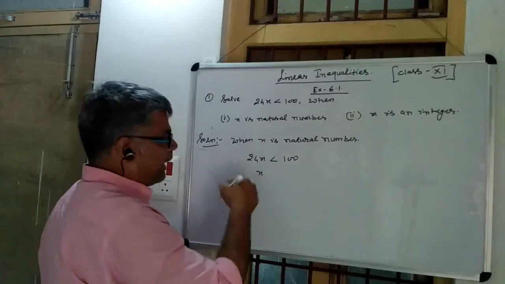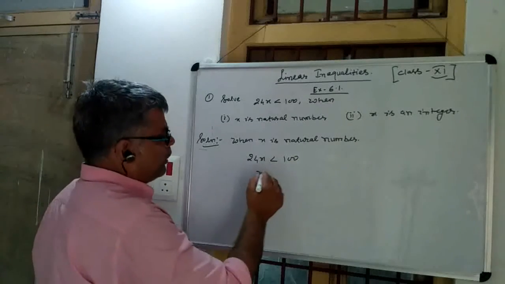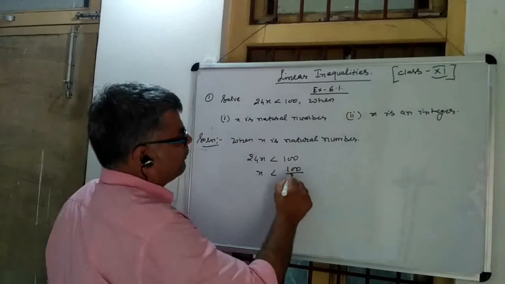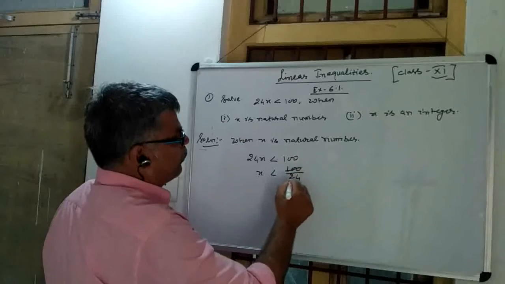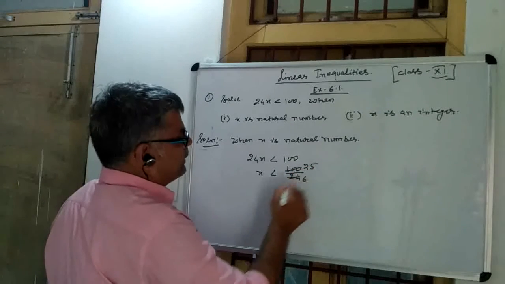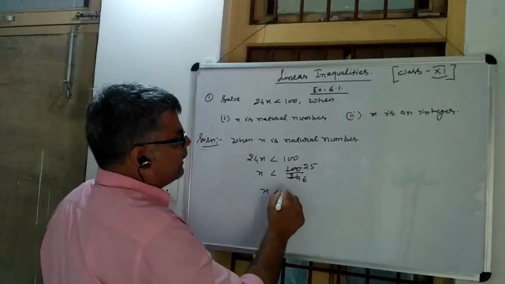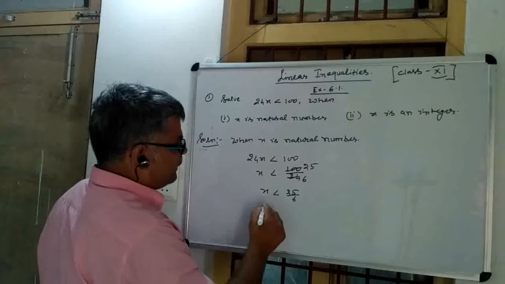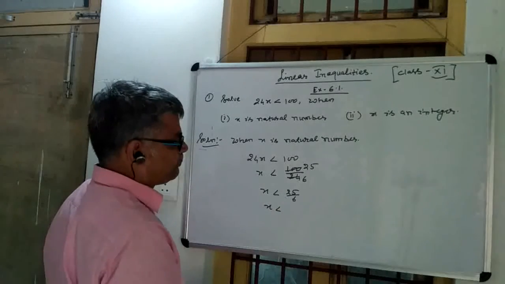Divide by 24 on both sides. So you can write x is less than 100 by 24. It will divide by 4 times, so x is less than 25 by 6.